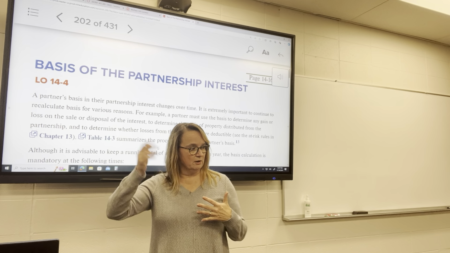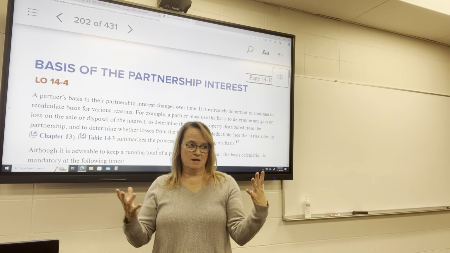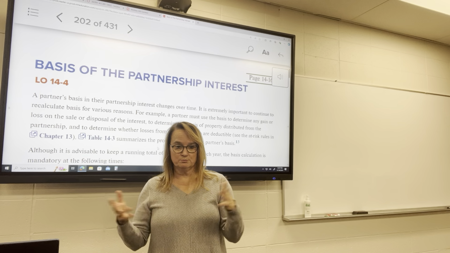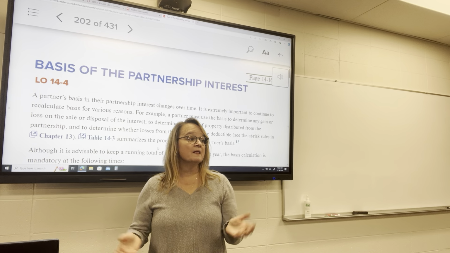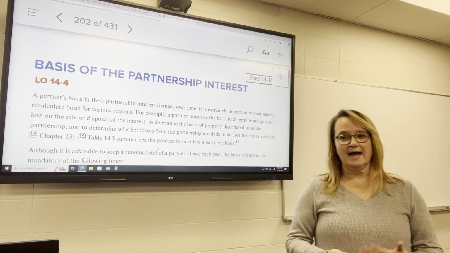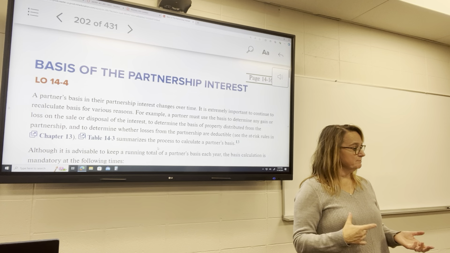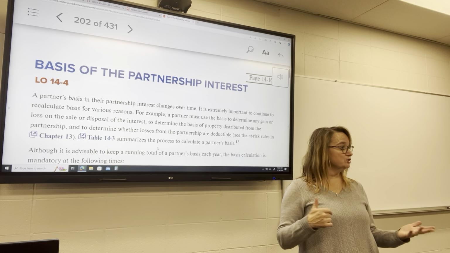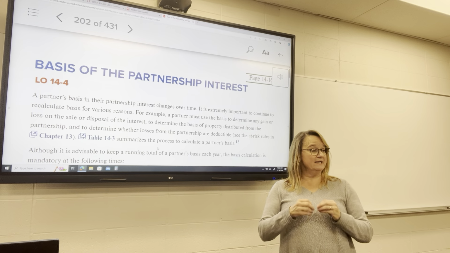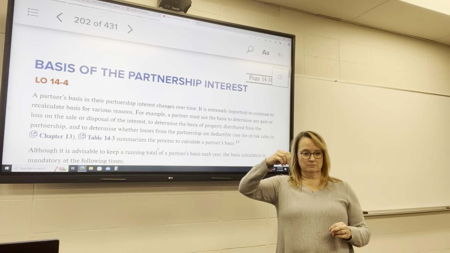So with regard to our inside basis, it's the same concept as what we talked about in chapter 6 with depreciation and all of that. For outside basis, though, some different types of events happen that cause that outside basis to change for each individual partner. And it's all on an individual partner level.